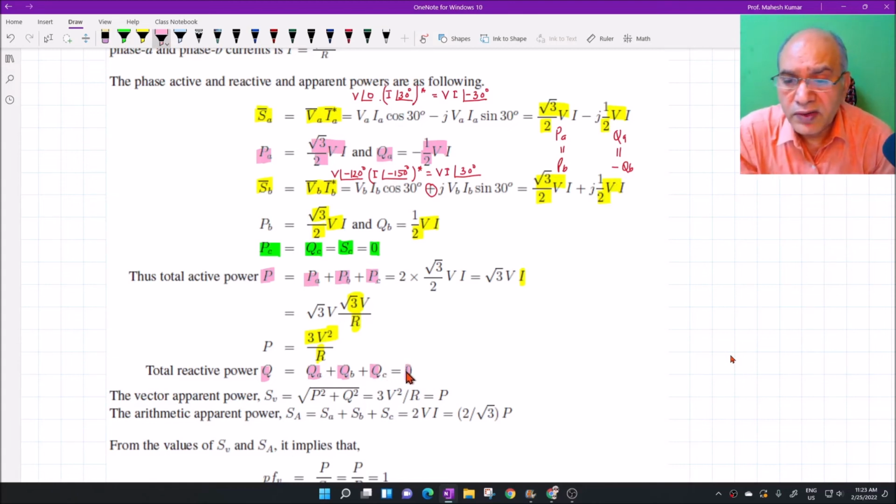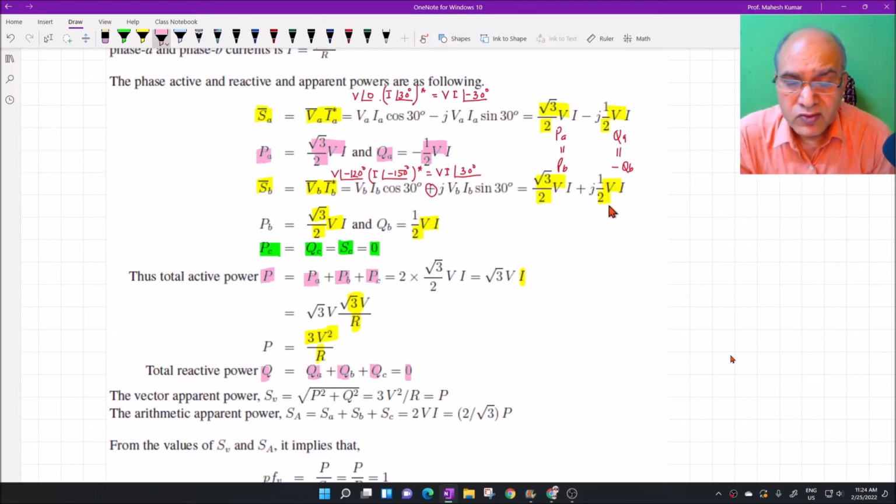That looks quite obvious, because if you see the network, it is a purely resistive network. The supply is supplying a purely resistive load. Hence, there cannot be any net reactive power. Nevertheless, the individual phases experience reactive power. Phase A has reactive power of minus BI by 2, and phase B has reactive power of BI by 2.